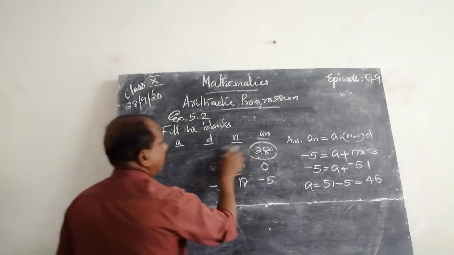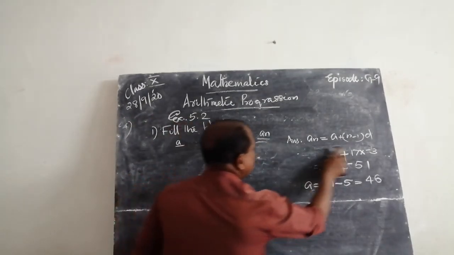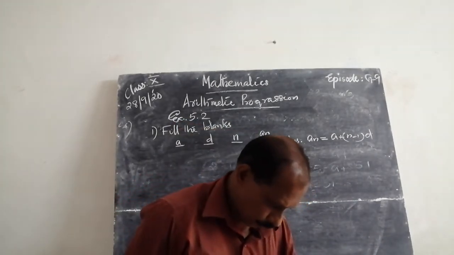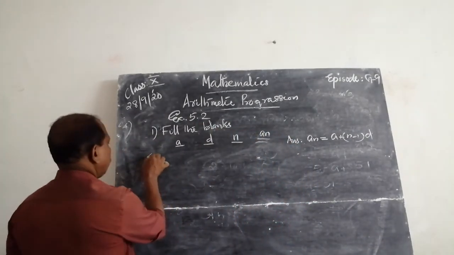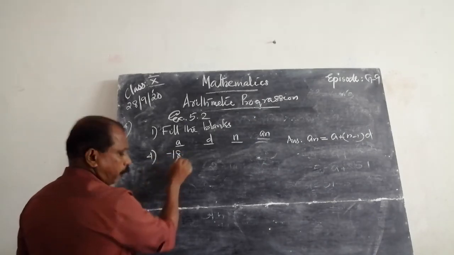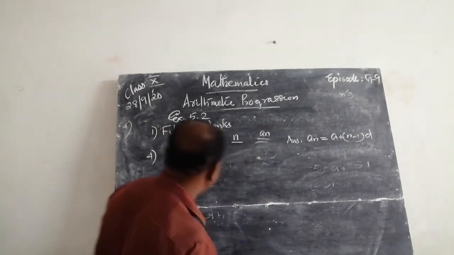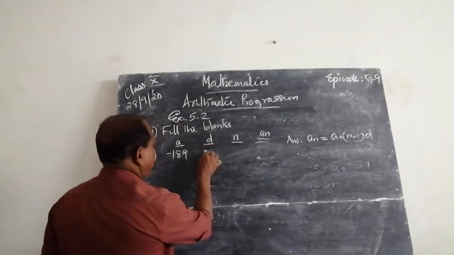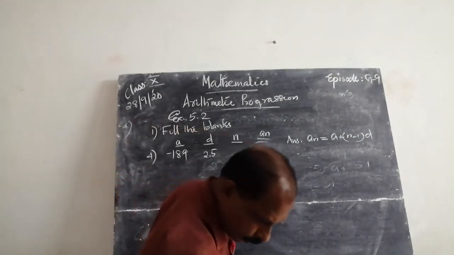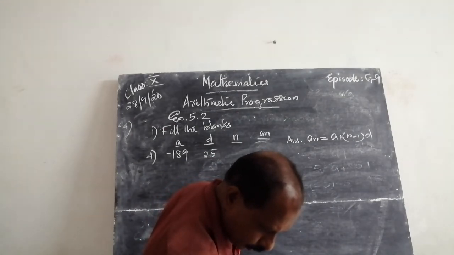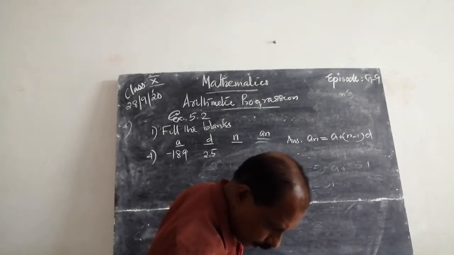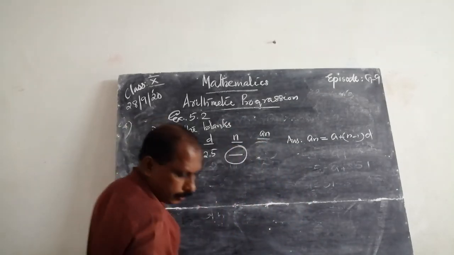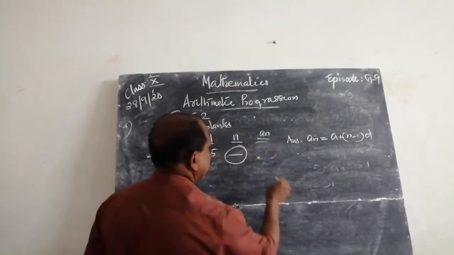Then question number 4. Minus 18.9, then dash, 2.5, then last one is 3.6.